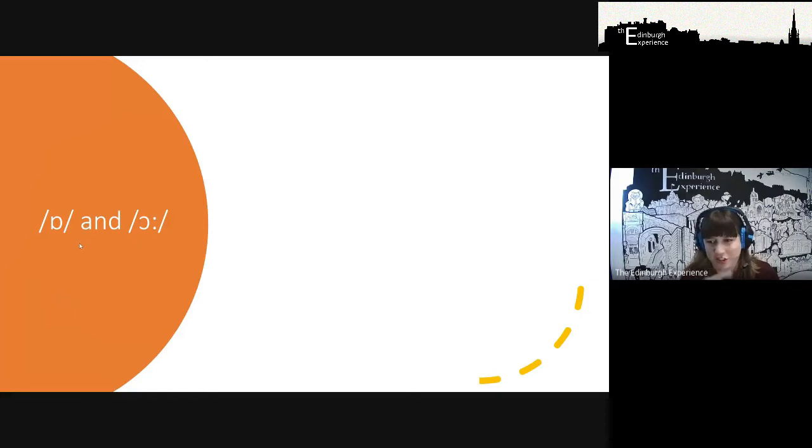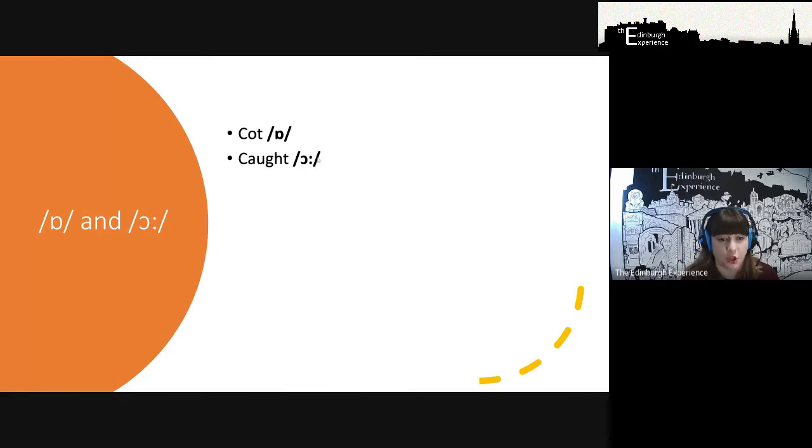I'm seeing some nice shapes there. So this is the O that we have in the sound cot, that short sound. But here, this is a long sound, caught. So these are 2 different sounds. Cot, caught. Cot, caught. Good.